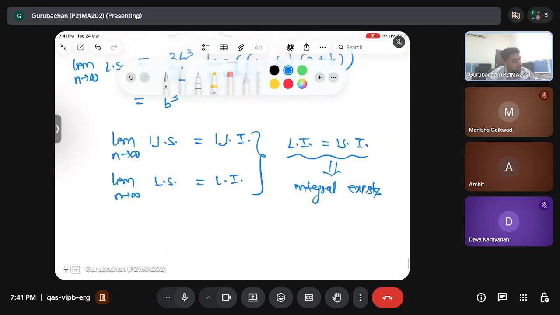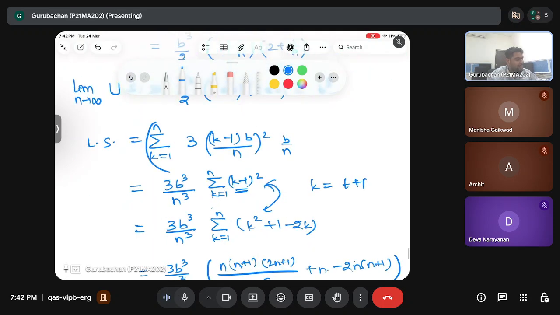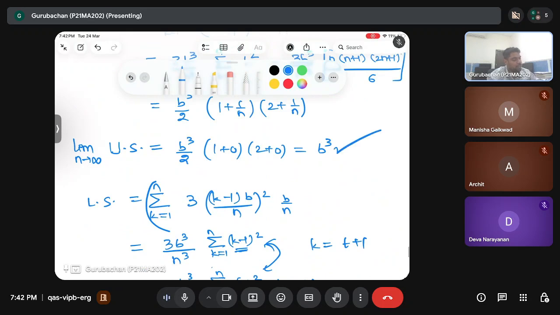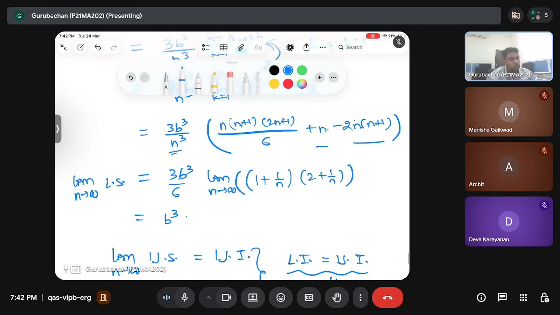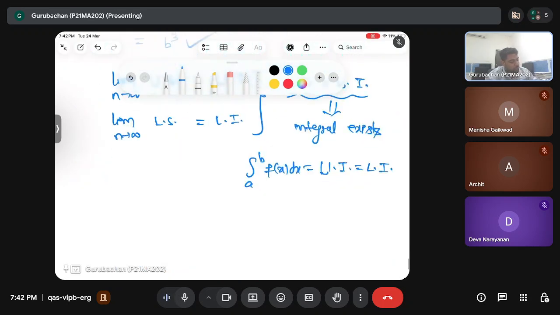The integral value, from a to b of f(x) dx, can be either the upper integral or the lower integral. So from here you can easily observe that the upper integral is b cube, the lower integral is also b cube. So ultimately the area under the curve 0 to b, 3x square dx is b cube. Is it clear?